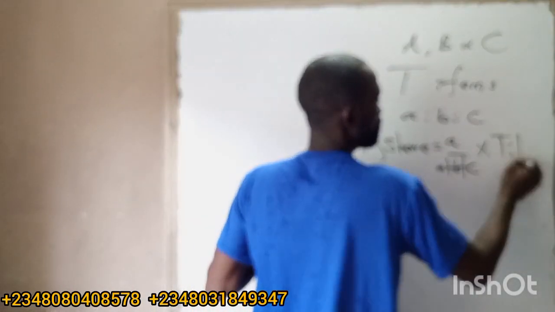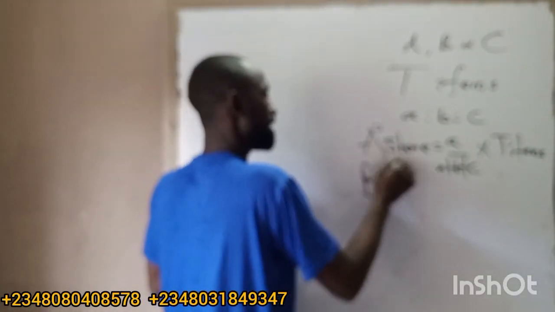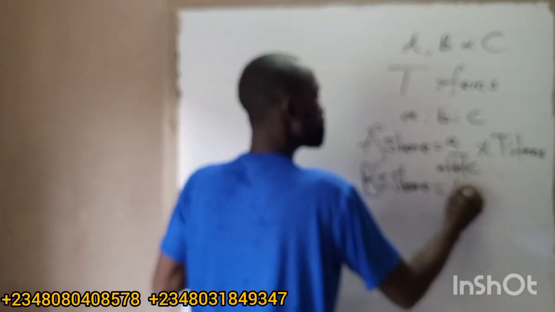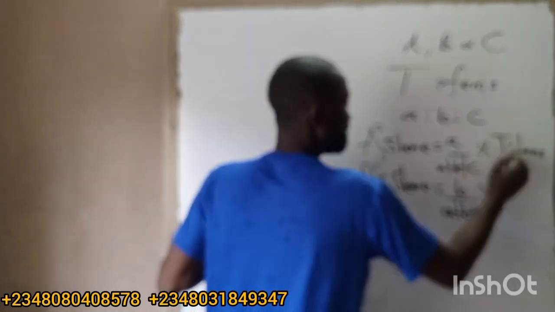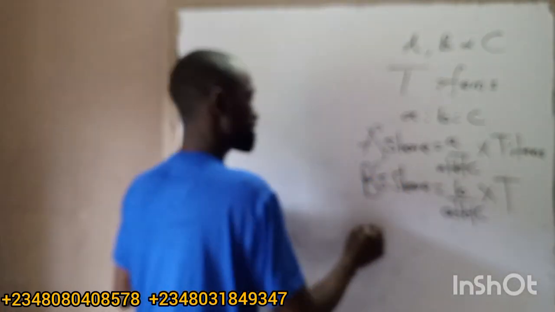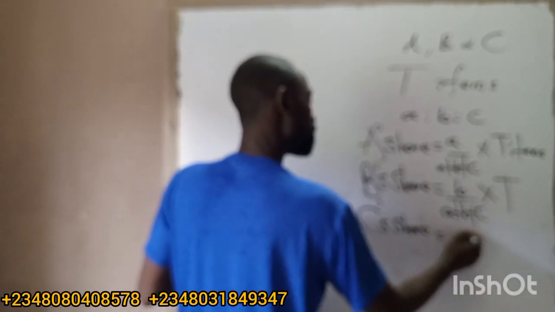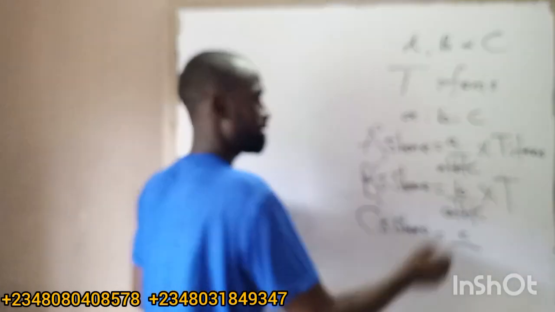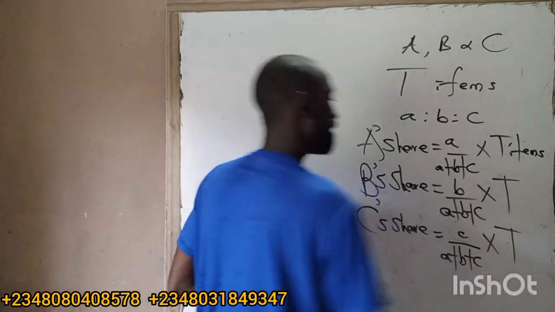So T items were shared. B's share will be equal to B's ratio all over the total ratio A plus B plus C times the total items, which is T. What about C's share? What C will get will be equal to C's ratio all over the total ratio times the total items shared.